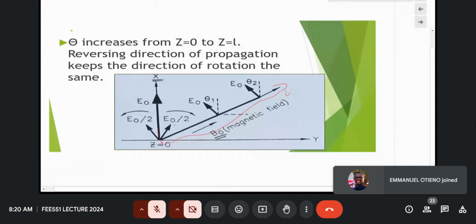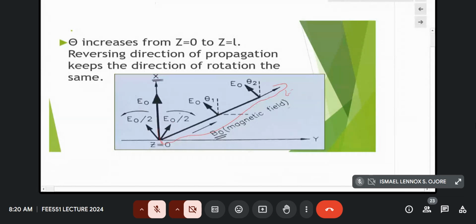You'll find that a distance closer to z equals 0 will have a phi 1. Then at a certain distance, it will increase to phi 2, and it will go all the way to z equals L at phi something.